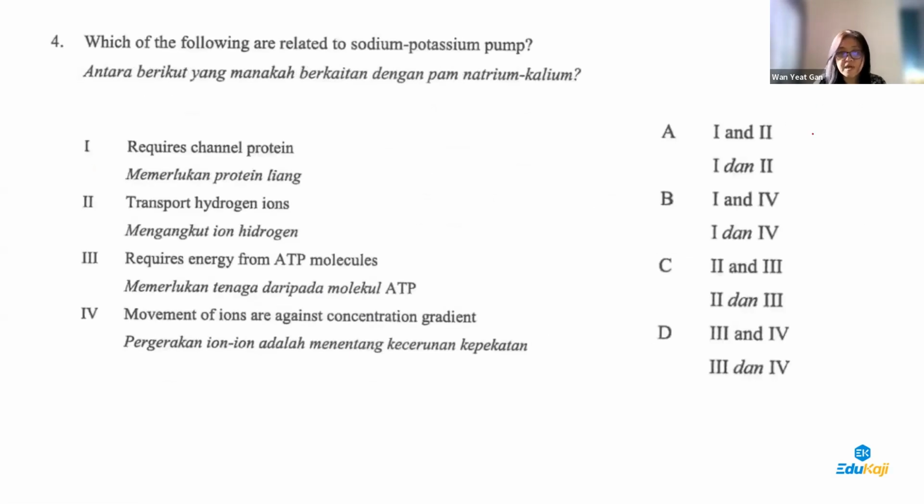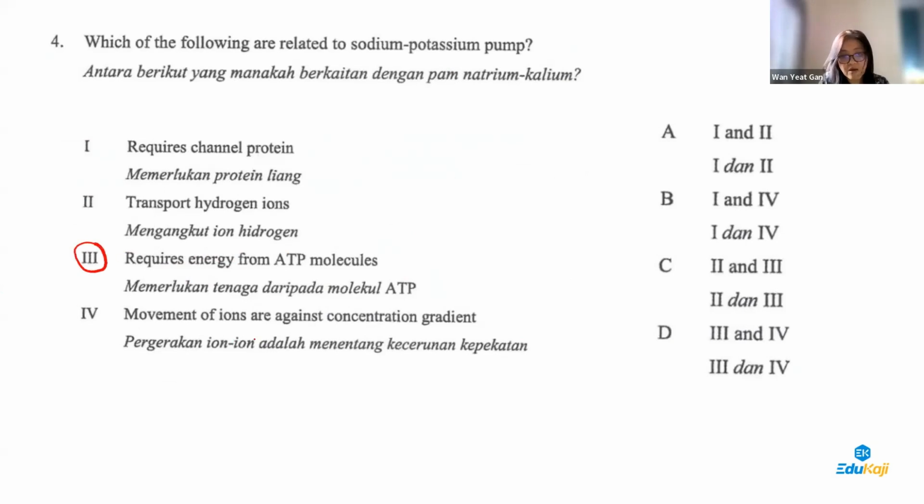Next, which of the following are related to sodium-potassium pump? Sodium-potassium pump requires channel protein, correct? Transport hydrogen ion, is it correct? No. Requires energy from ATP molecule, correct?